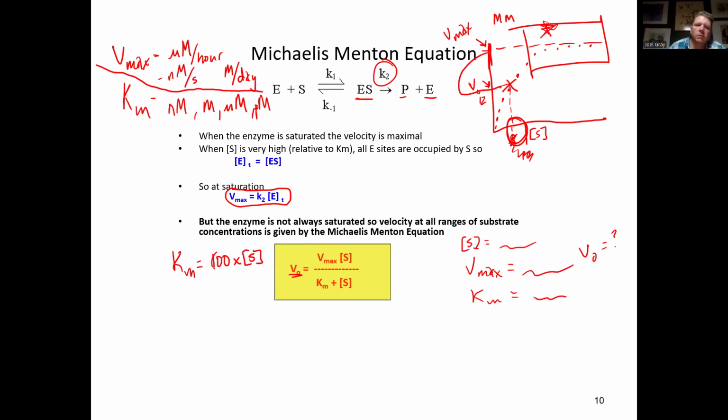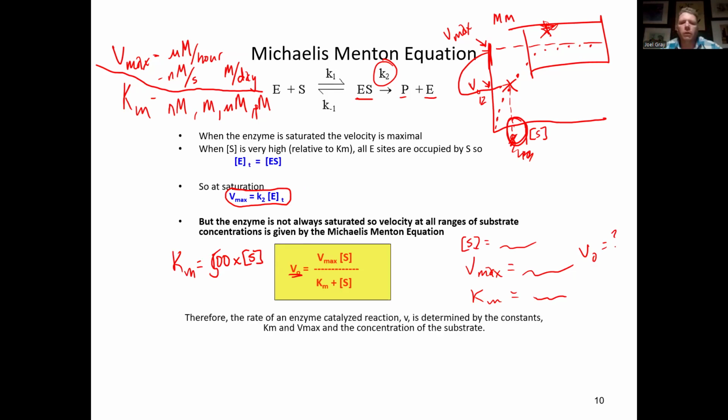Even when it's 500 times, your V sub 0 is just right there against your Vmax. You're not going to be over. It's not going to be considerably less than. So the rate of an enzyme catalyzed reaction V is determined by the constants Km and Vmax and the concentration of the substrate.